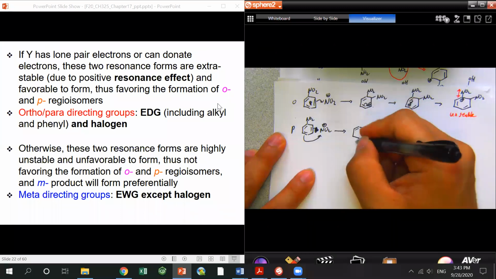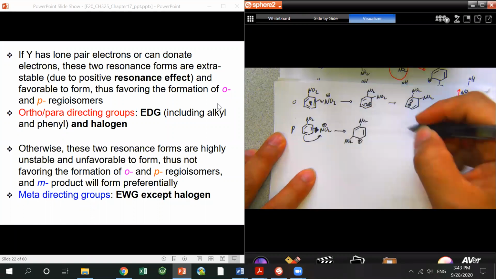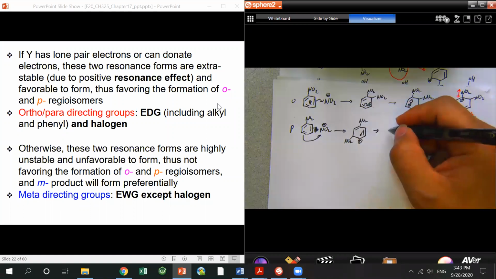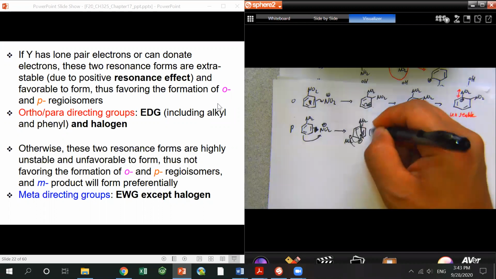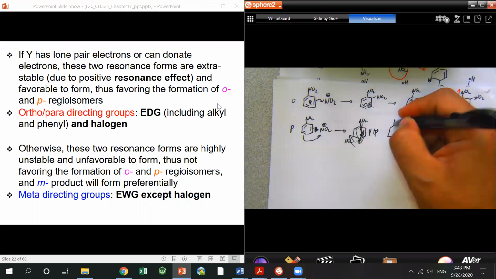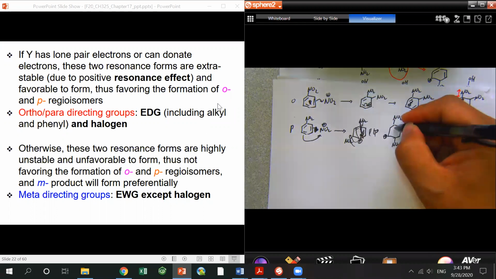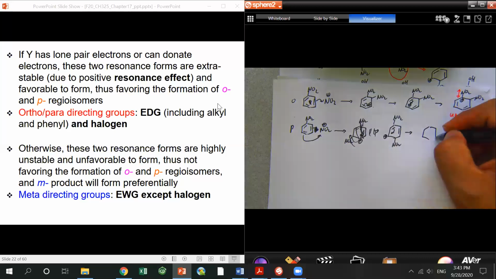I'll just quickly show you. This is meta, so that's the wrong structure. It should open like this way. So it goes here, and then you generate the most unstable resonance structure.